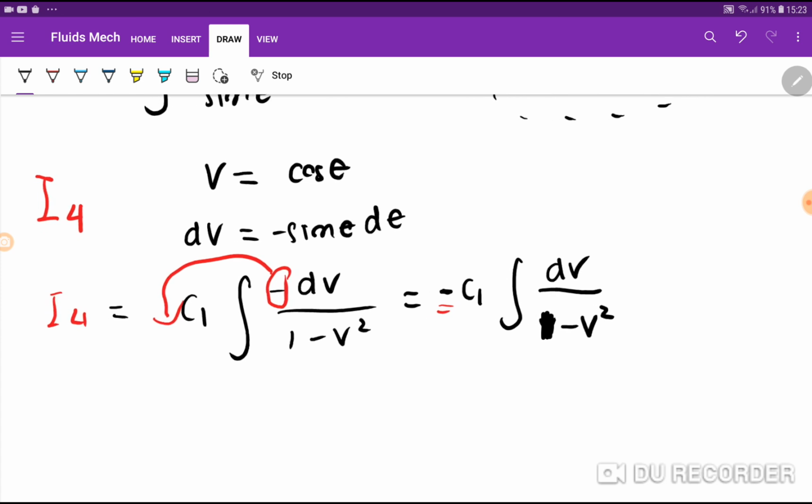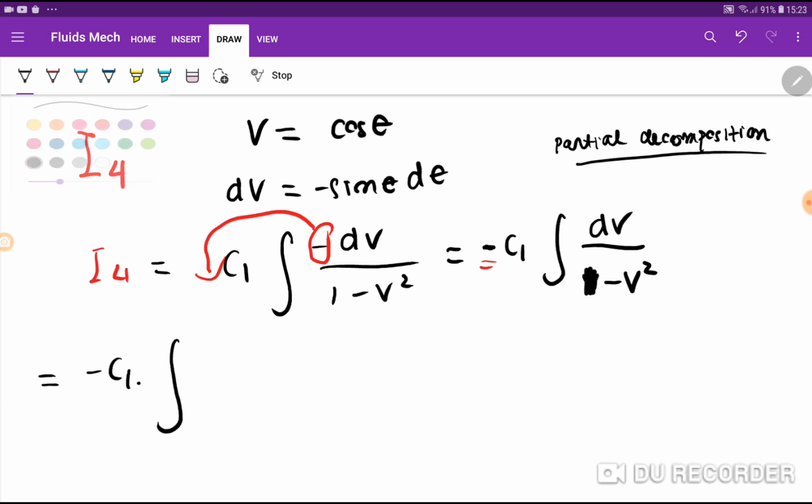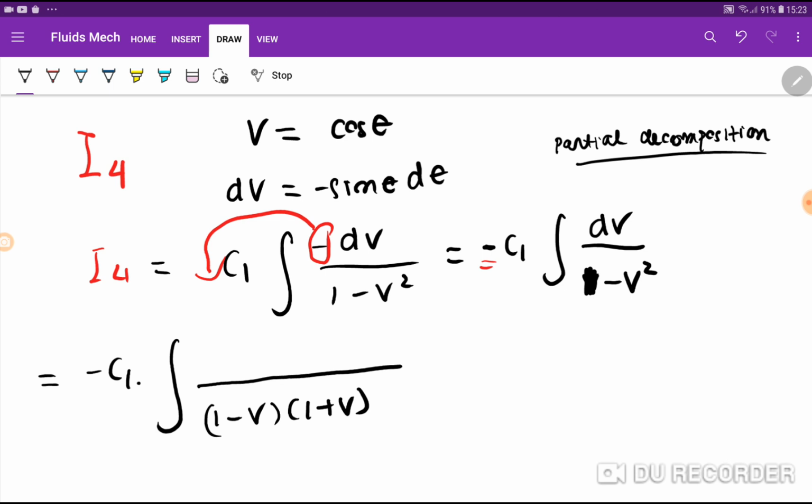So it will equal negative C1 times the integral. You can do partial decomposition, but I'll teach you a very interesting way. First, factor the denominator, and dv goes here, and this is 1. So 1 you have to convert to something useful.